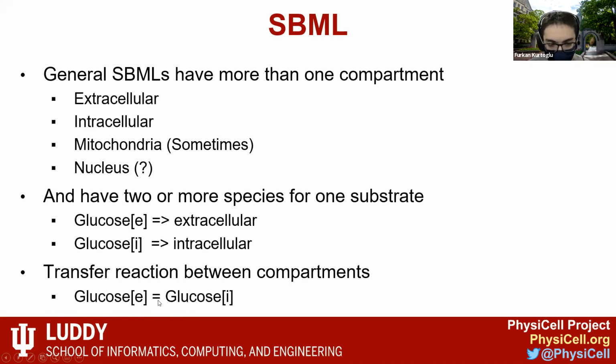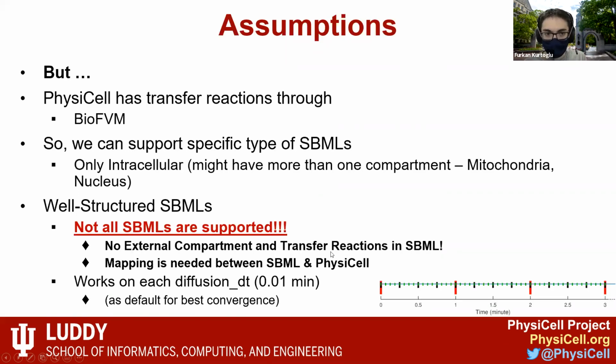I consciously wrote it this way, so it could go in both ways in the transfer reaction. Therefore we need a transfer reaction for those compartments. But in PhysiCell, we use BioFVM for the transfer, for the secretion and uptake, or net export rates, like we did on Monday.